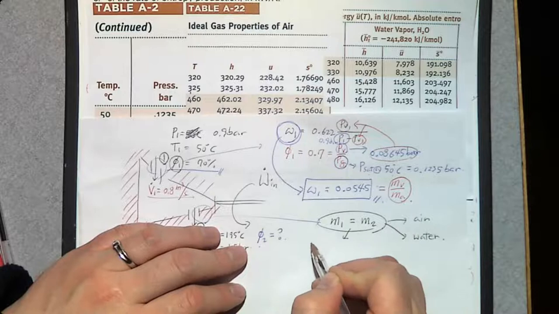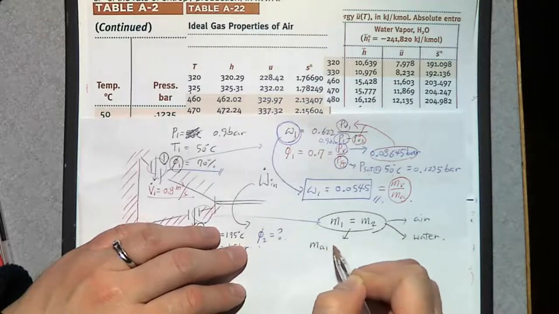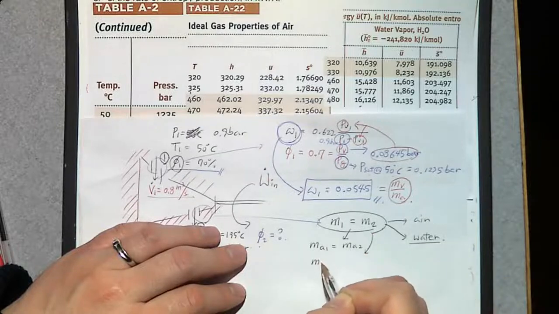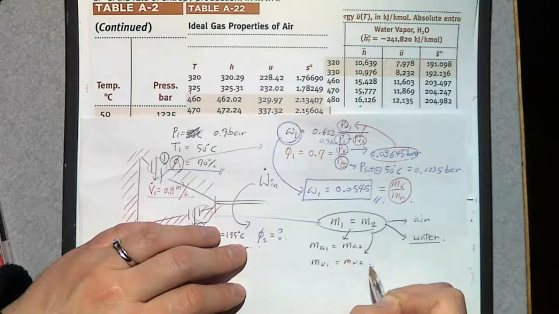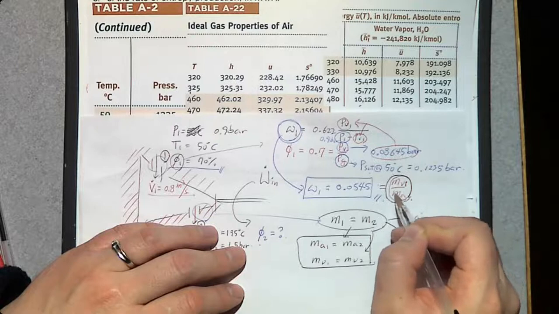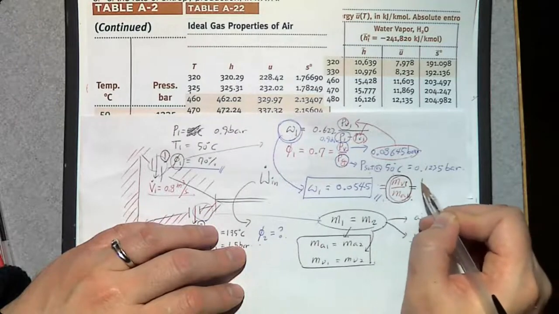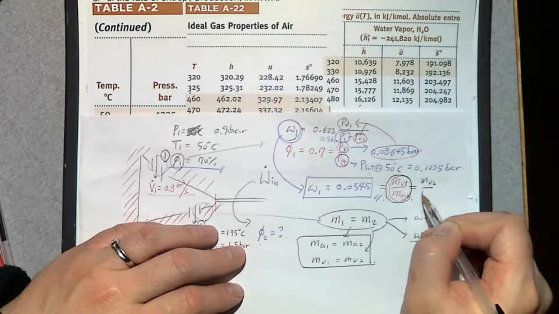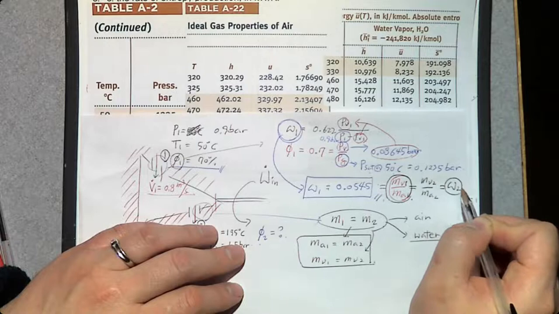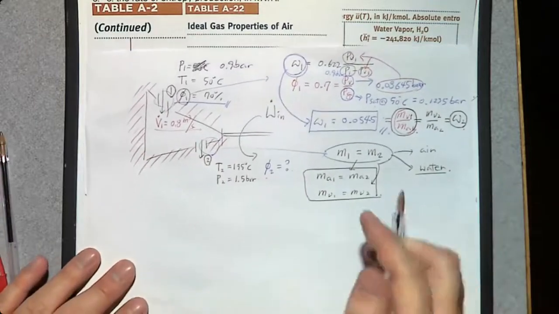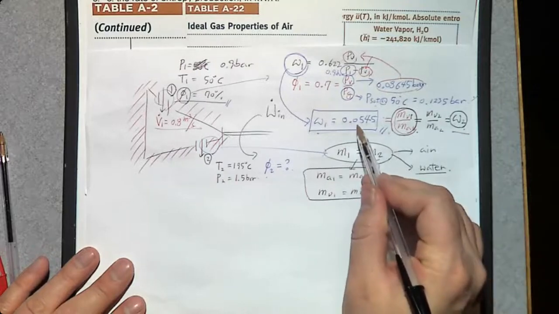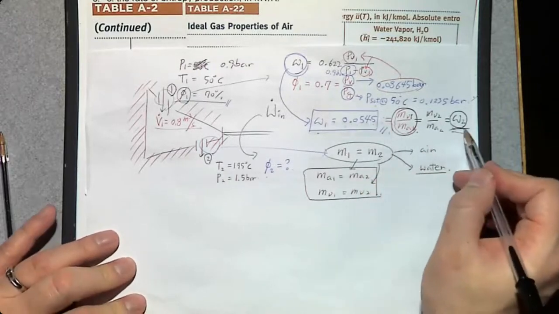For air, Ma1 is the same as Ma2. For water vapor, Mv1 is Mv2. So Mv1 over Ma1 is the same as Mv2 over Ma2, which is omega 2. So we learned that omega 1 is the same as omega 2, which is 0.0545.